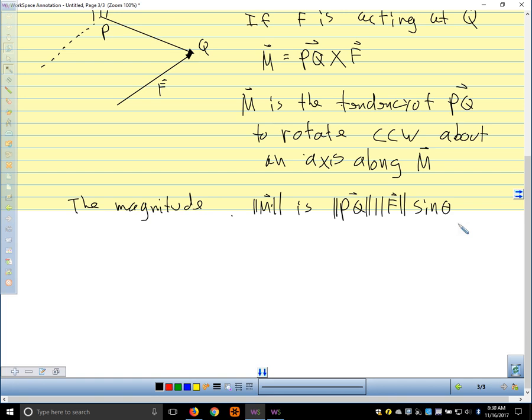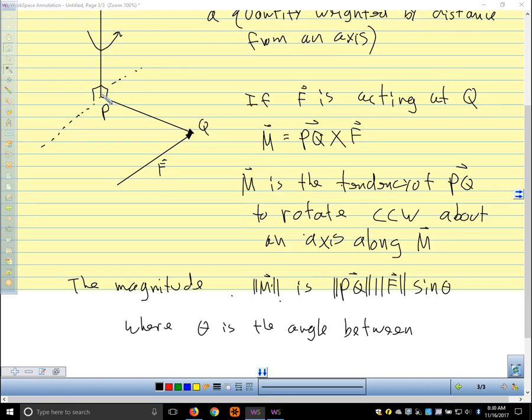So we said that's when we do a cross product, that's our magnitude of the cross product. Where theta is the angle between PQ and F. So where would that be on this diagram, at the angle at the point that I need? Yes. Or we could move them tail to tail, and it would be the same angle.